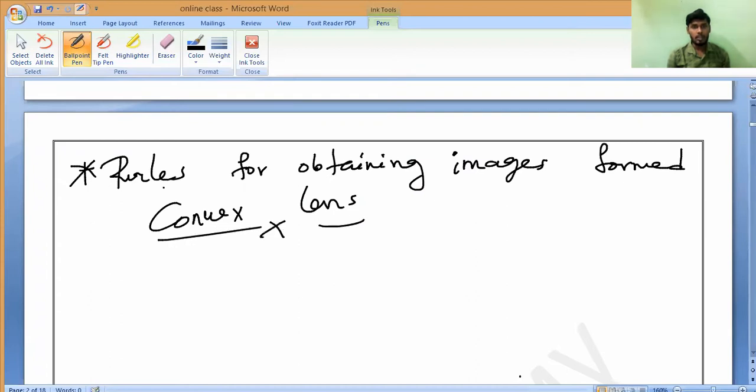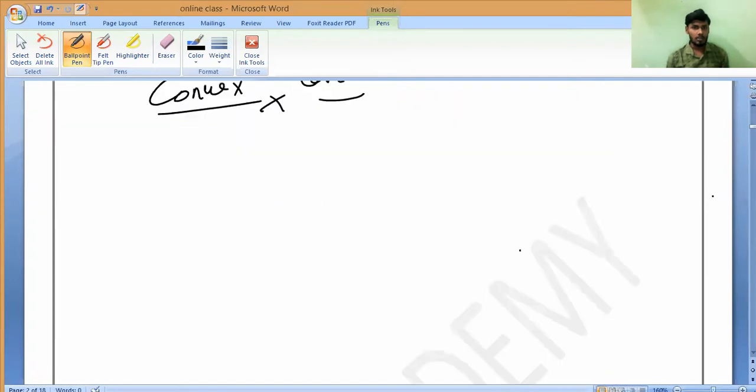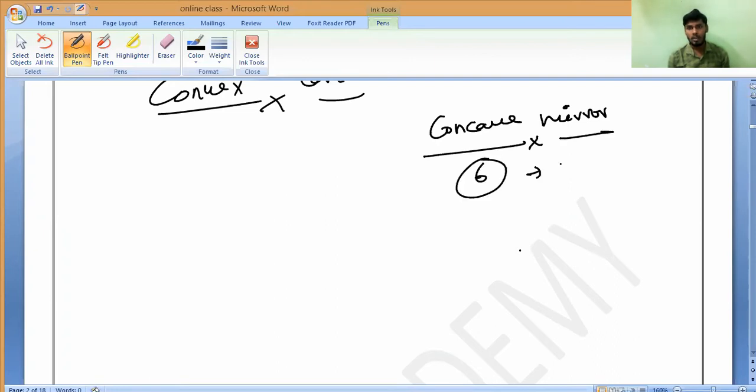Forget about the lens for now, first discuss the mirror. The difference between mirror and lens is always the same, remember. For the concave mirror, we totally have 6 cases. Is it yes or no?